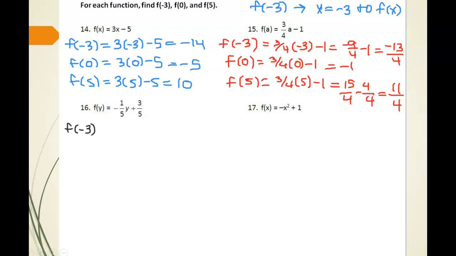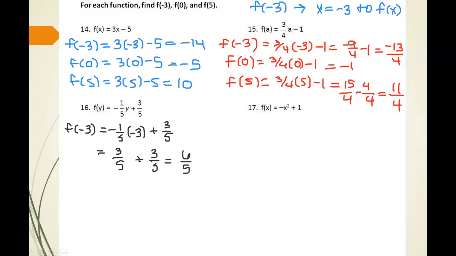So number 16, that's f of negative 3 equals negative 1/5 times negative 3 plus 3/5. So that's 3/5 plus 3/5. These have common denominators, so 3/5 plus 3/5 is 6/5.